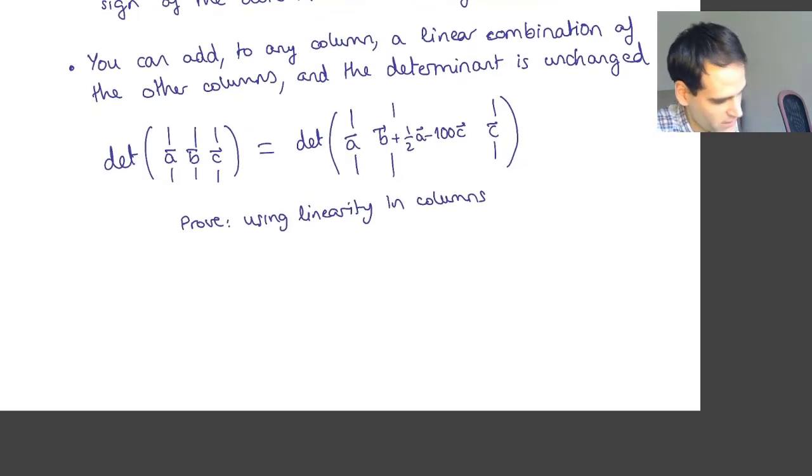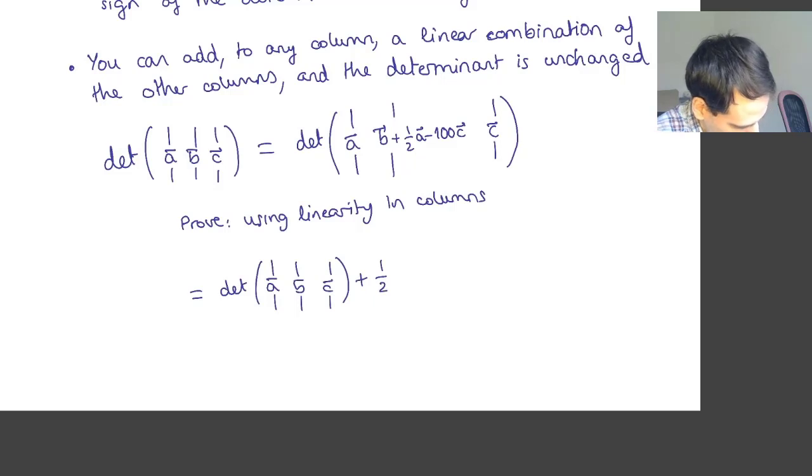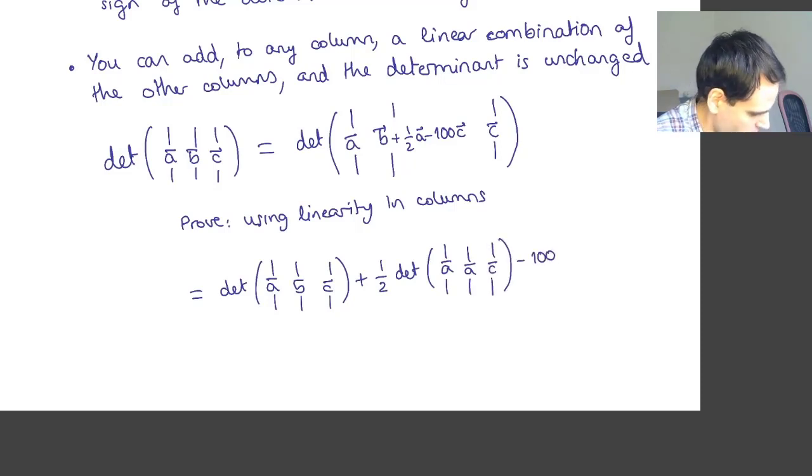So we know that this determinant here can be written as the linear combination of this one, plus 1/2 times the determinant of this one, minus 100 times the determinant of this one, C.